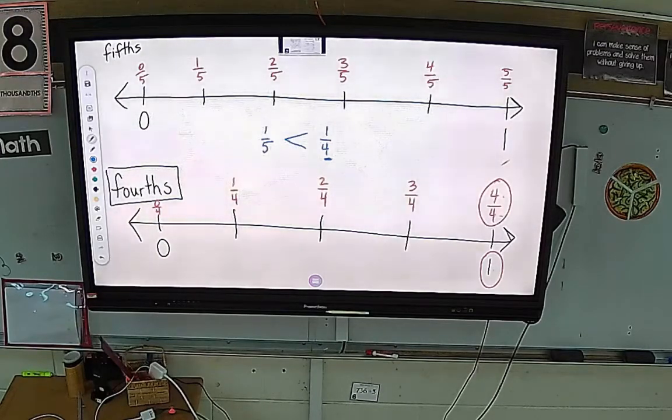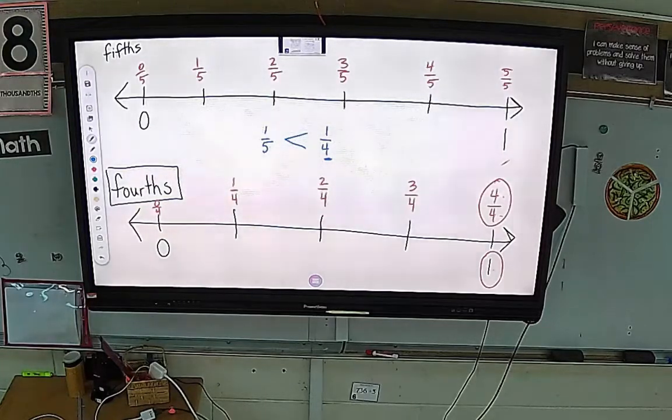I'm going to tell you, you might not always see 0 thirds or 0 halves or 0 fourths on the number line, because sometimes we just know 0 is 0. If it's 0, there's no fraction there. But I'm going to go ahead and put it since we have kind of practiced that. And then we would have the rest of them just like you've been doing on your board.